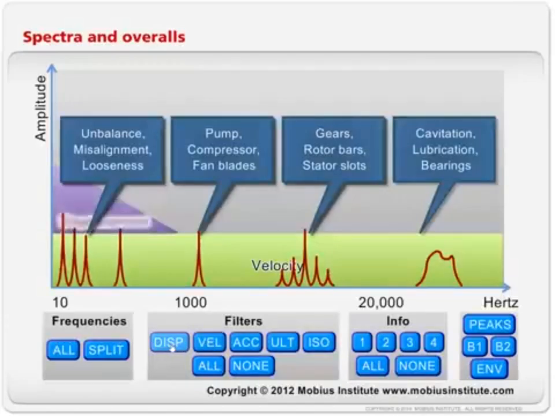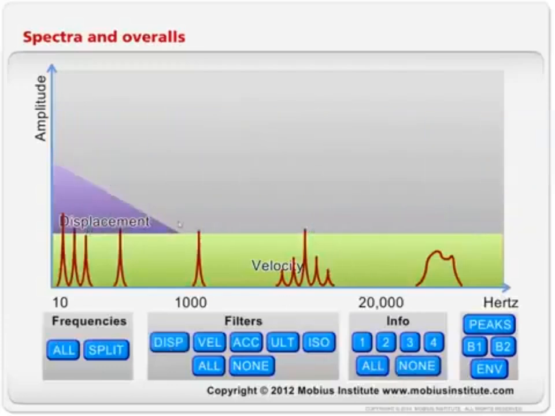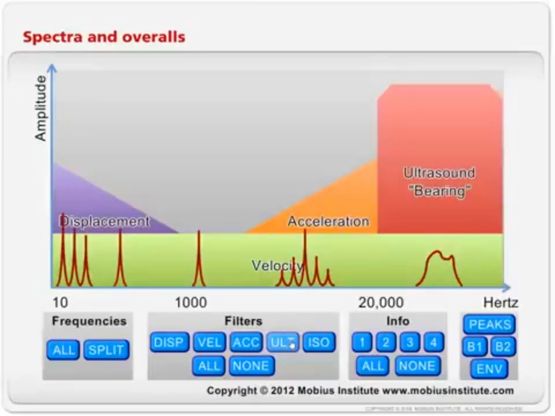We can focus on just the low frequency vibrations by focusing on the vibration in units of displacement, or units of acceleration focuses on the higher frequencies, and we can even go into the very high frequencies as a single reading to tell us what's happening with lubrication and bearings and so on. So we can have this simple reading just to trend. It gives us an idea of what's going wrong, but none of the real details.